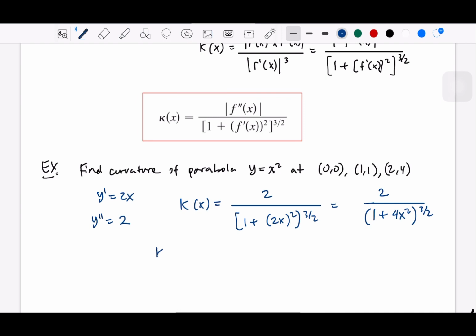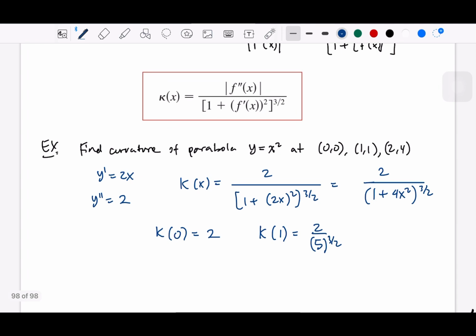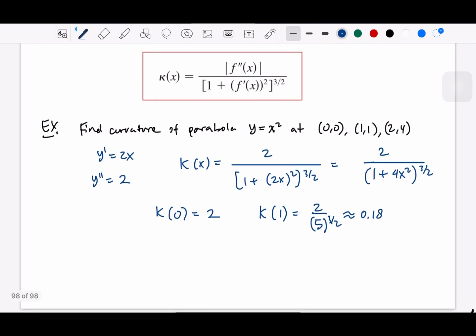So the curvature at 0 is 2, okay? And then we take the curvature at 1, so we take 2 over 5 with power of 3 over 2. If you use the calculator, this will be equal to 0.18.